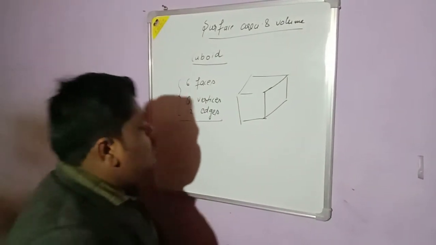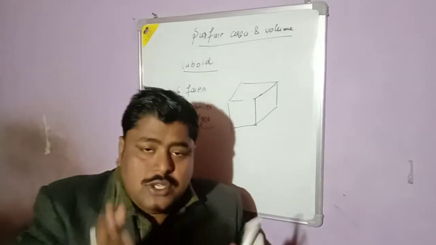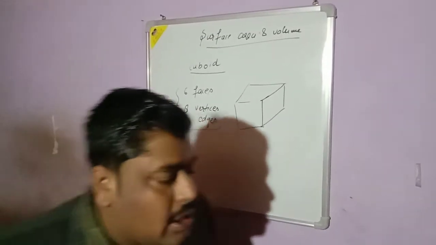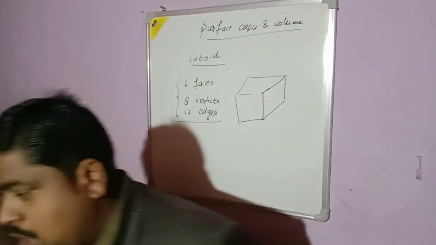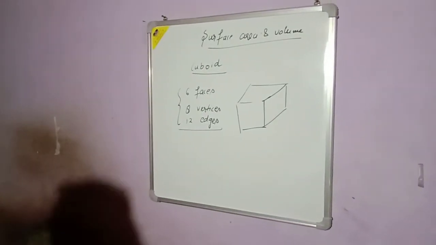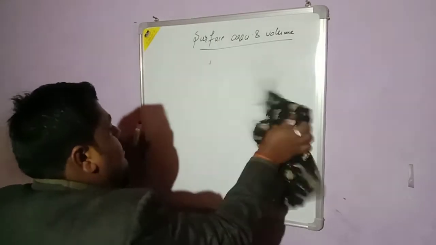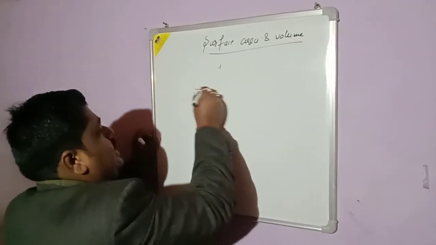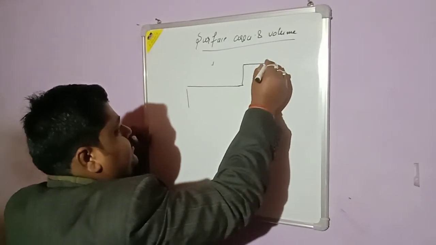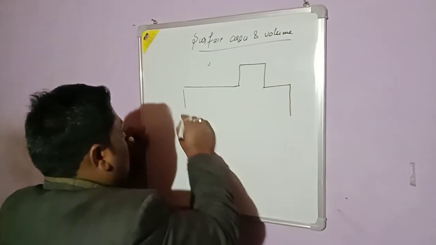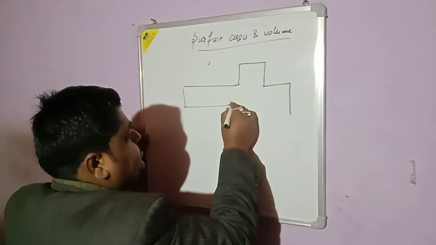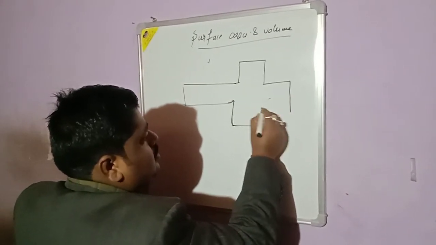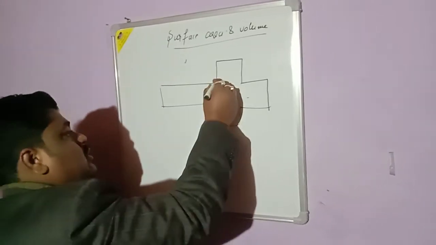Now, if we open it up, as you learned in your earlier classes, the net diagram of a cuboid, we get it just like this.